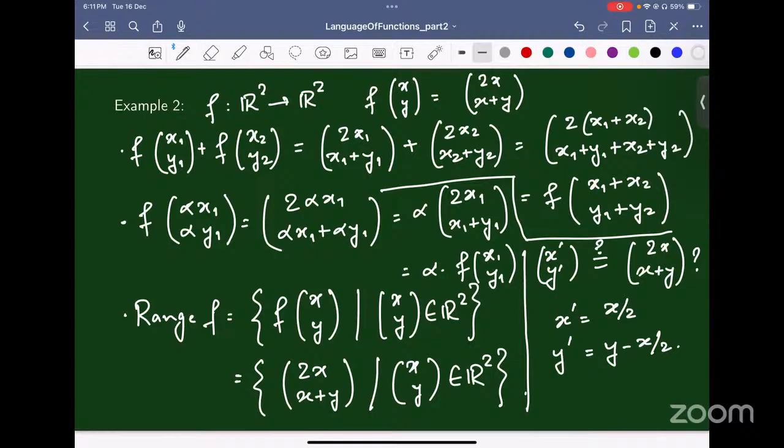If this was my (x prime, y prime), then it can indeed be written as f of (x prime by 2, y prime minus x prime by 2).